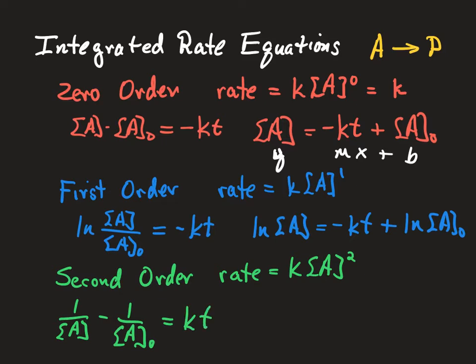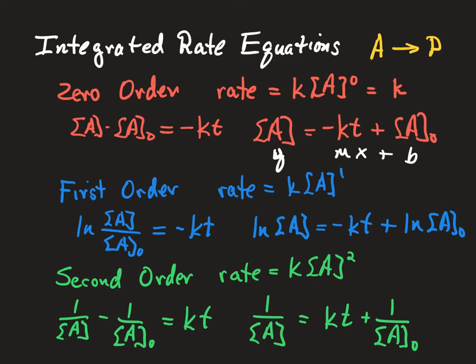If we rearrange that to make it a linear equation, 1 over the concentration of A is equal to k times time plus 1 over the initial concentration of A. So again, we get a linear equation, but in this case, 1 over the concentration of A is our y variable, time is our x variable.